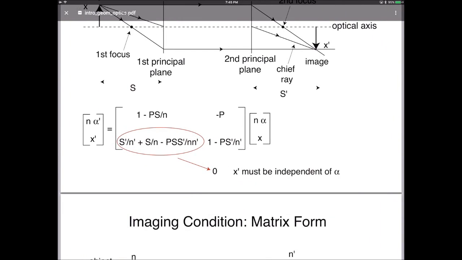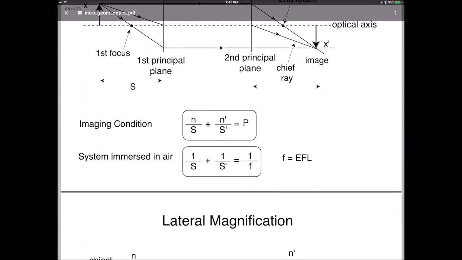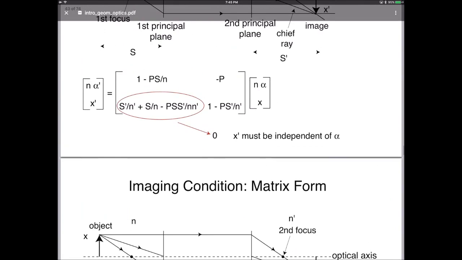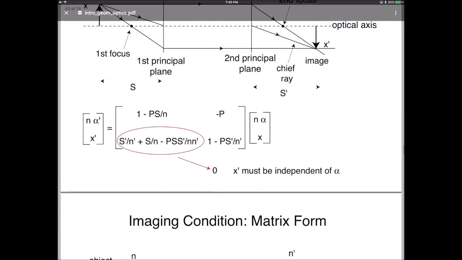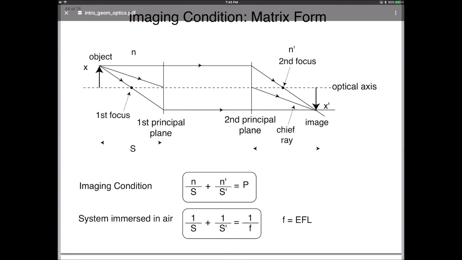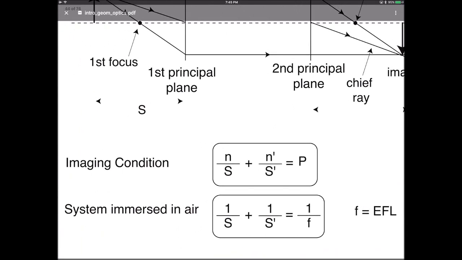How do we use these in problems? I will come to the second sample problem, but let us see where this leads us. If we set this term to 0, it gives us the imaging condition n over s plus n prime over s prime equals P. Also P, you know, is 1 over f.